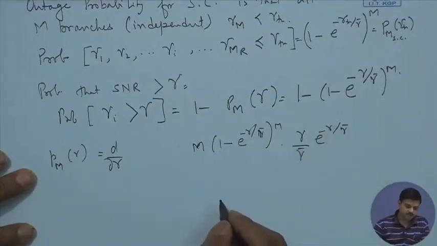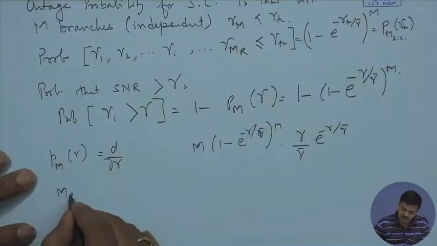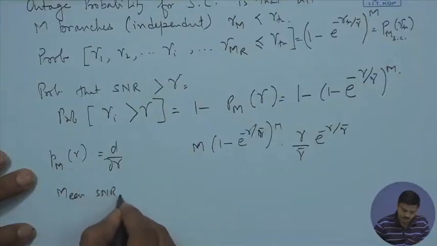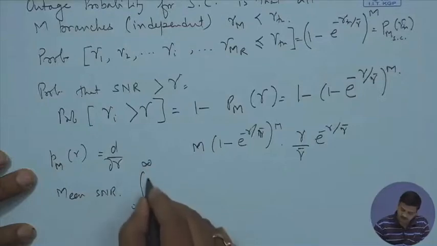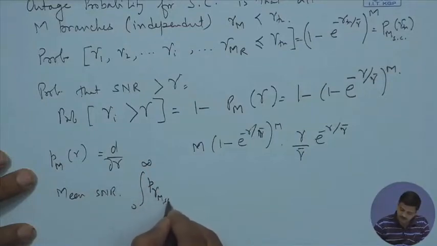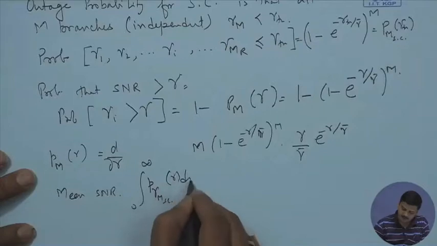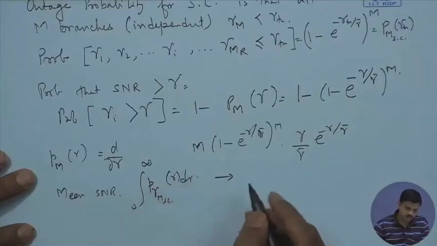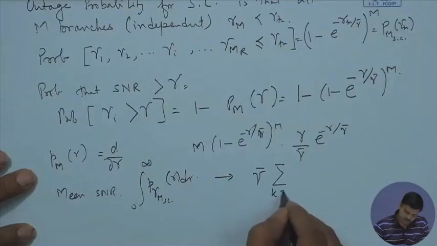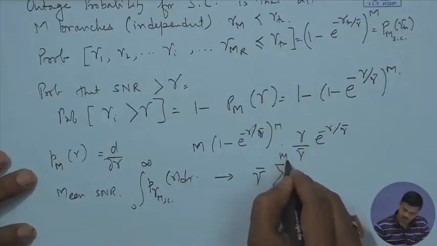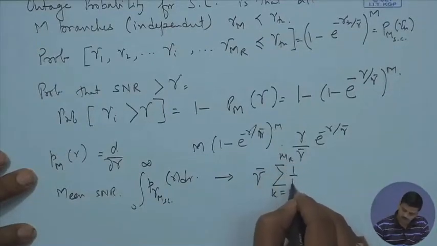If you do the derivation, you are going to get this, and the mean SNR can be obtained by integrating from 0 to infinity gamma times p gamma of M selection combining d gamma, and this would result in gamma bar times the sum over k equals 1 to capital M_R of 1 over k.